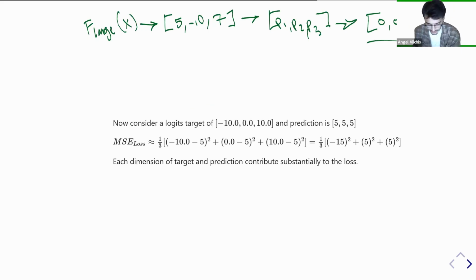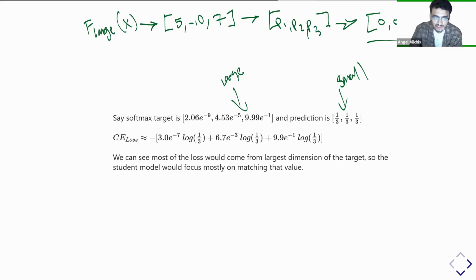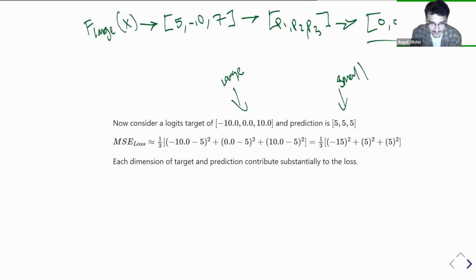So with a soft target, we have logits for the small model, and we have logits for the large model. These logits, if we were to softmax them, it would be these exact same softmax target and this prediction. So it's an equivalent situation.